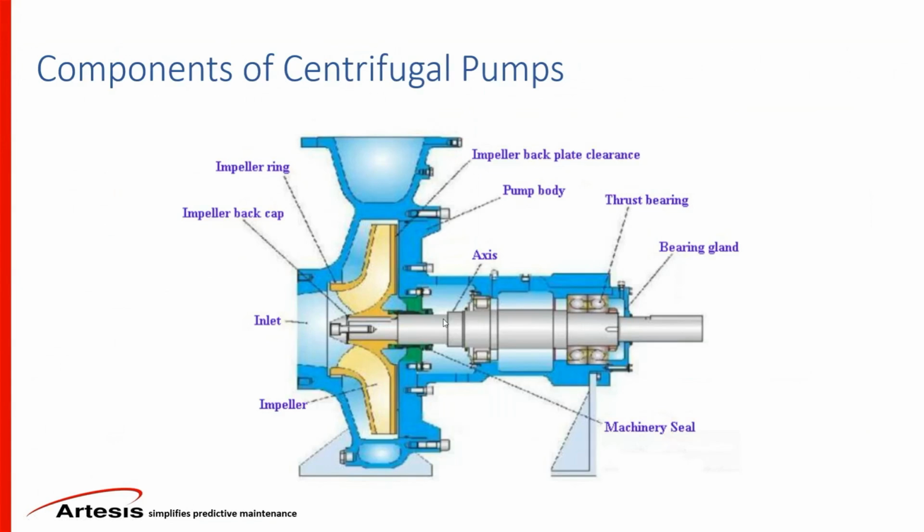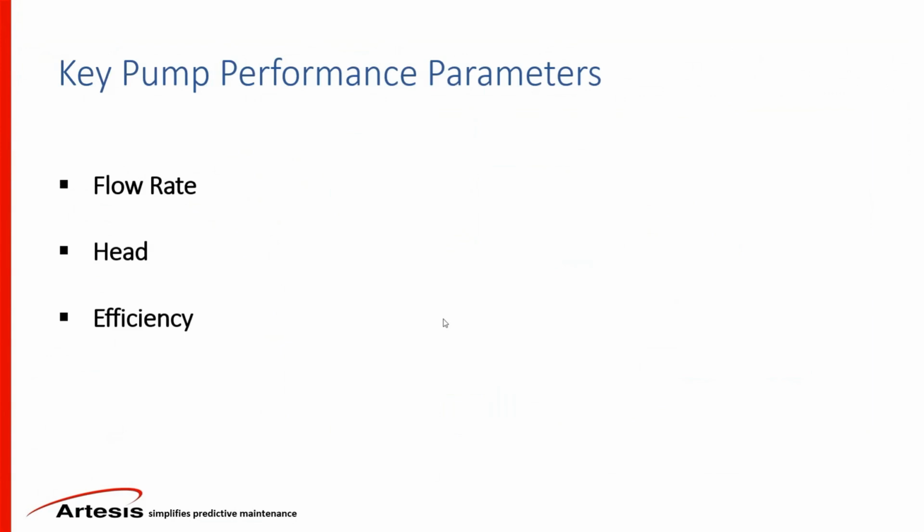But having the ability to monitor pump performance before it affects the mechanical components of the motor, you can actually prevent these damages earlier. So now, in order to understand how we keep track of pump performance, we need to understand what parameters we will look at.